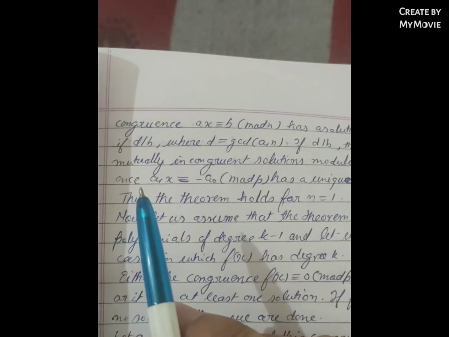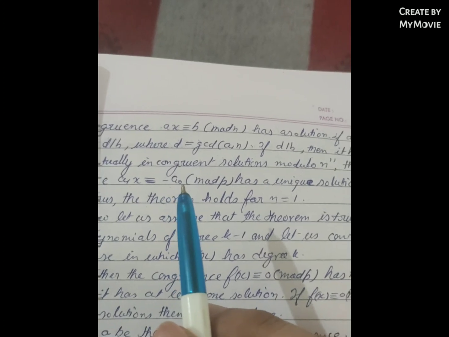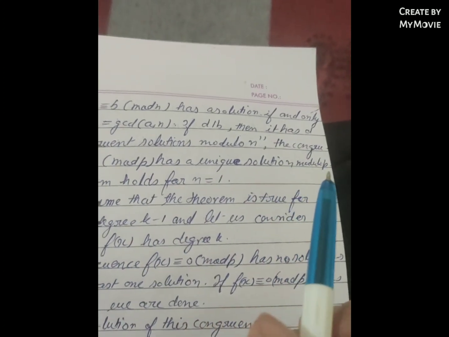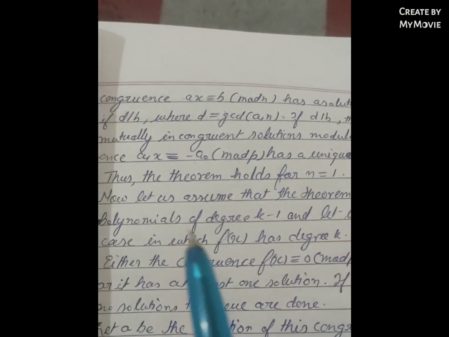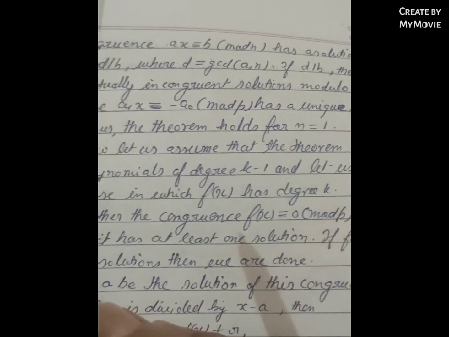The congruence a_1 x ≡ -a_0 modulo p has a unique solution modulo p. Thus the theorem holds for n = 1.